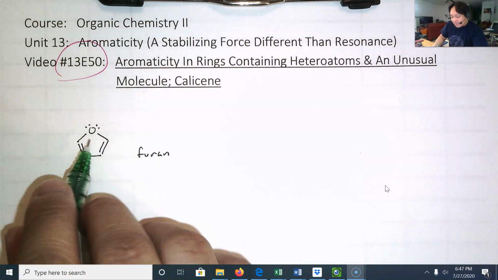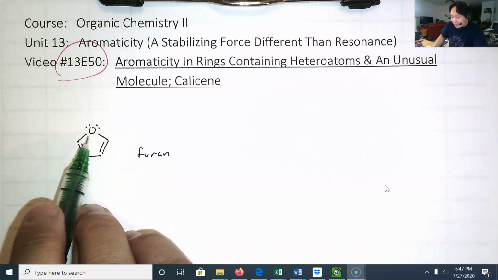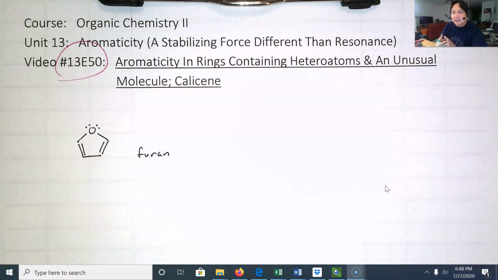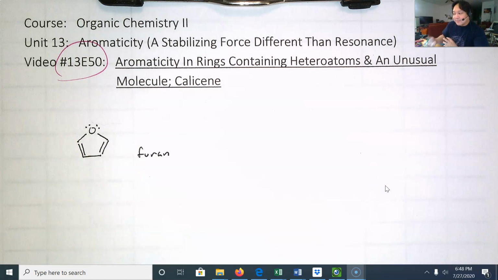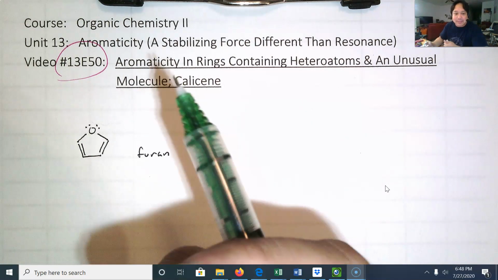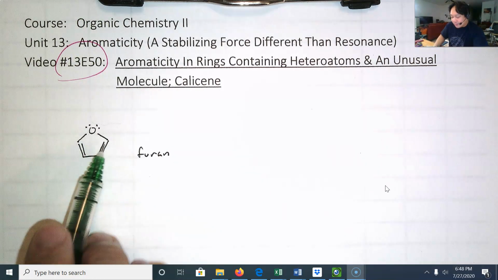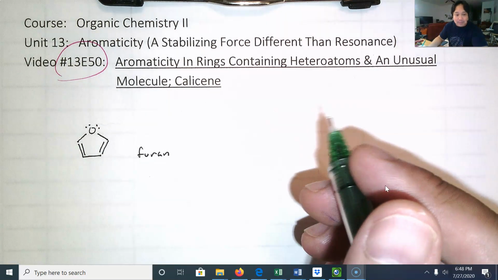When you have an atom in the ring and it has lone pairs, and it's singly bonded, then that atom can assume an sp2 hybridization or an sp3 hybridization. You know that when we were doing resonance, by definition, that lone pair has to be in a p orbital to participate in resonance, to be shared with the other p orbitals. So that means that atom has to be sp2 hybridized.